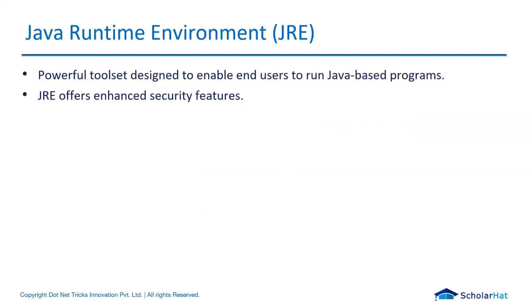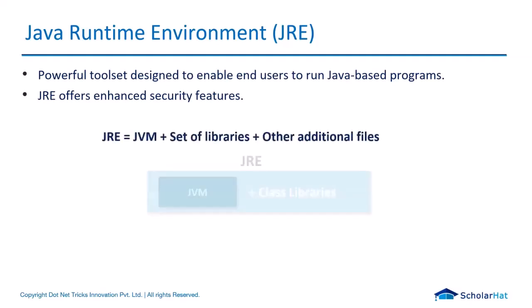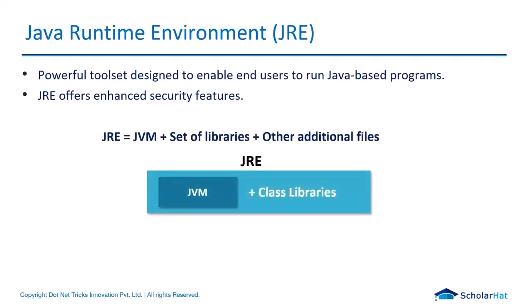The Java Runtime Environment is also a powerful toolset designed to allow end users to run Java-based programs, and offers a variety of security features like encryption and decryption and data transfer techniques. As I discussed, JRE equals JVM plus a set of libraries plus other additional jar files.